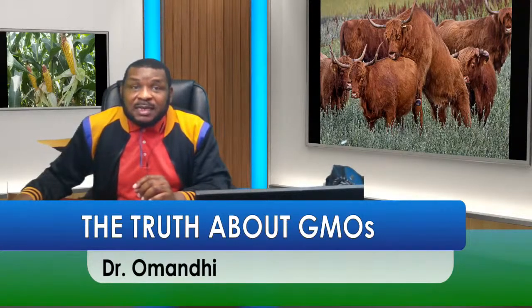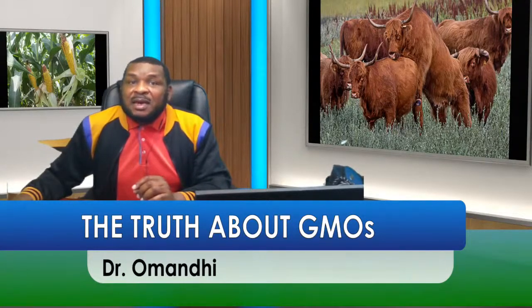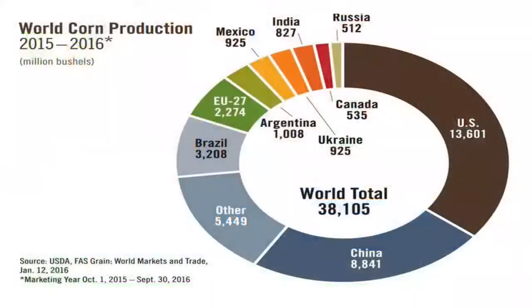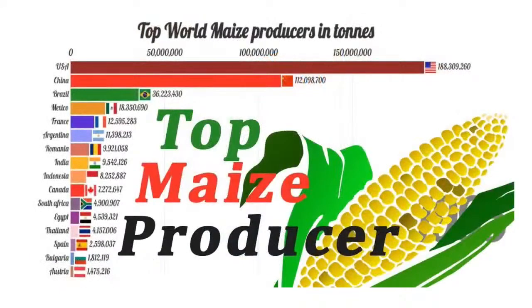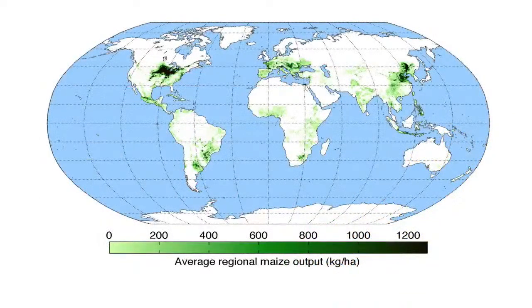The one we are saying we need to change is the production, because of the top world maize producers in tons, you can see the US produces that because of using genetically modified crops, then China and Brazil. How did they do it? Can't we borrow some leaf from them?